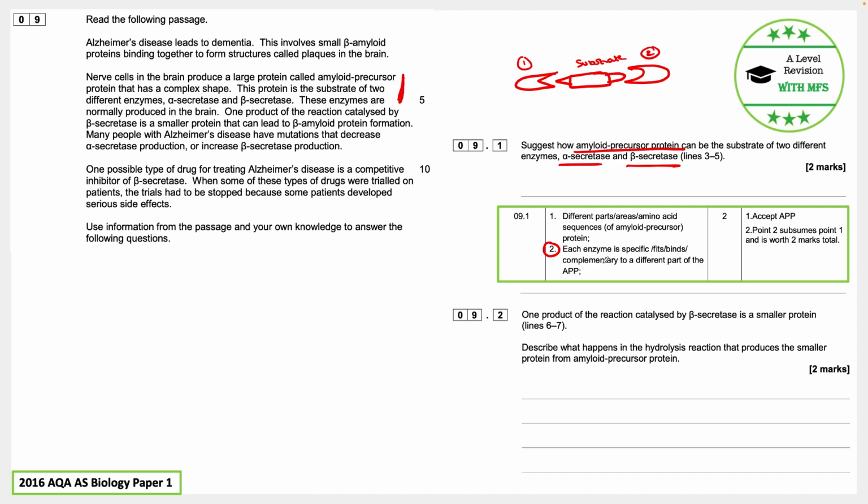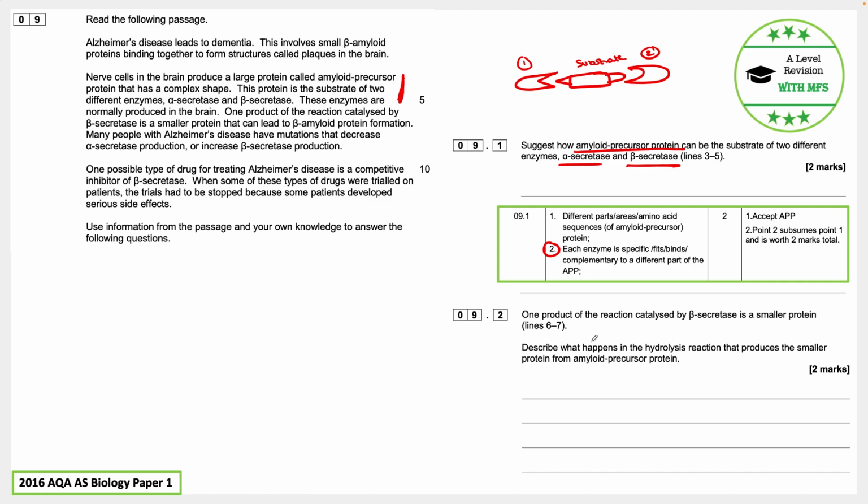Now, the second part of this question says one product of the reaction catalyzed by beta secretase is a smaller protein. Describe what happens in the hydrolysis reaction that produces the smaller protein from amyloid precursor protein. This is basically a knowledge question and not really an application question.